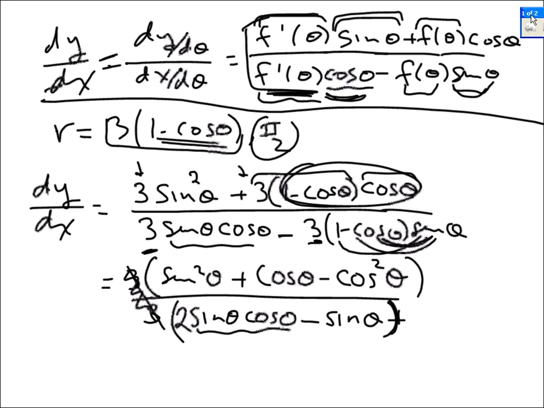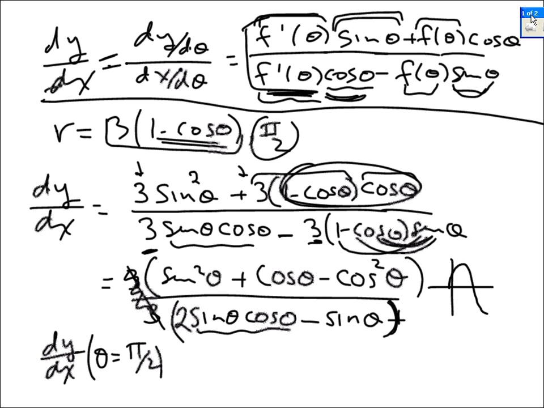I want the derivative at pi over 2. No big deal: dy dx when the angle is pi over 2. The big deal is to know the sine and cosine of pi over 2. Well, when it comes to sine, pi over 2 is 1. When it comes to cosine, well, if one of them is 1, the other one is 0.